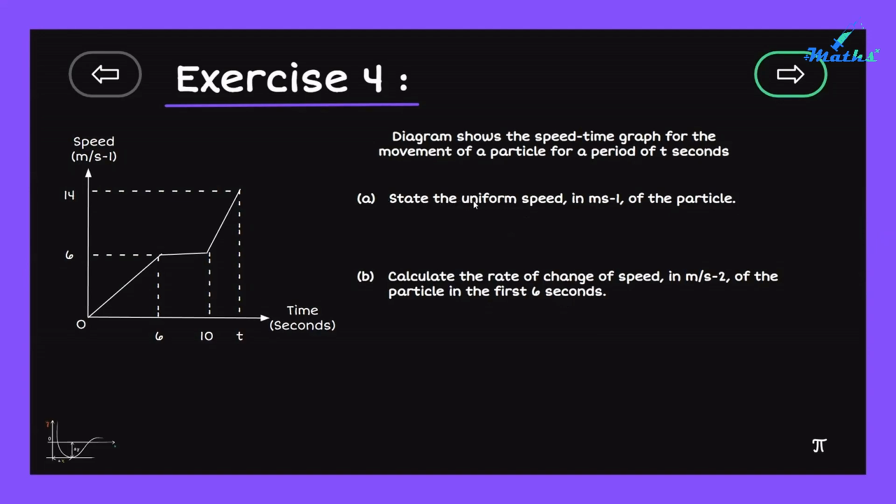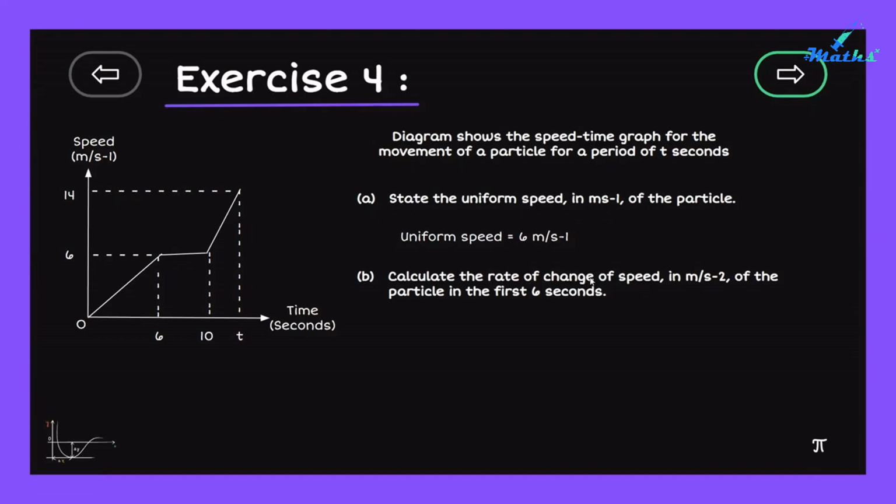So question A: uniform speed equals constant speed. The constant speed is here, where the speed is not changing for a while. So the answer is 6 m s^-1. Remember to write the unit together.